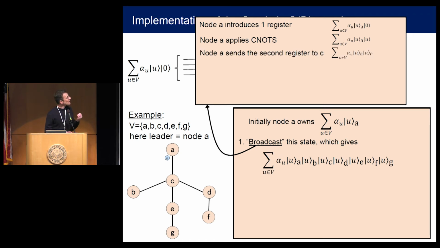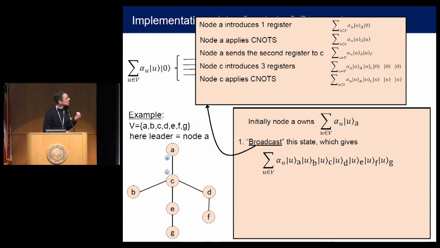And then it will send the second register to node C. Okay, so the register C here will be a register owned by the node C. And C will do something similar. It will introduce 3 registers, initialized to 0, and apply CNOTs, so that now you have U appearing here. And it will send the 3 registers to the nodes on the bottom here, B, E, and D.